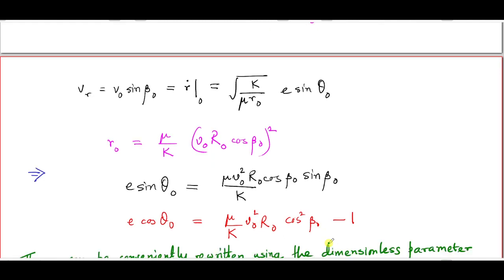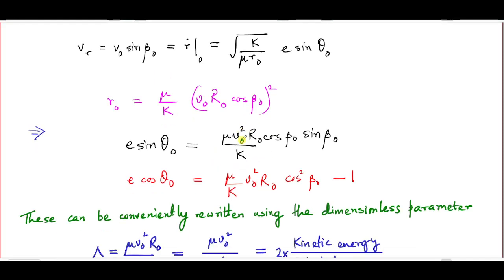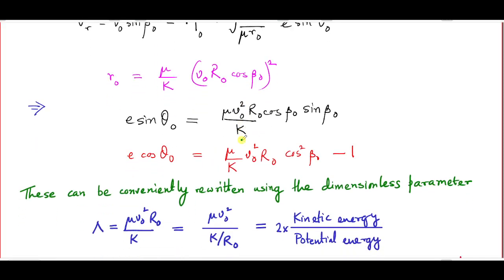What is important to note is in each of these three equations, you have one dimensionless parameter which is being used throughout, which is nothing but this quantity, mu v0 square r0 over capital K. I am just going to call this lambda to make my subsequent equations shorter to write. The interpretation of this quantity is also not quite difficult.